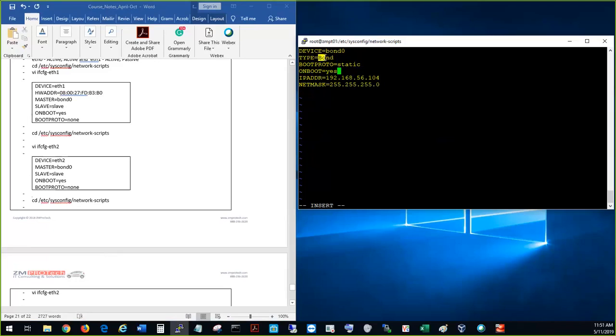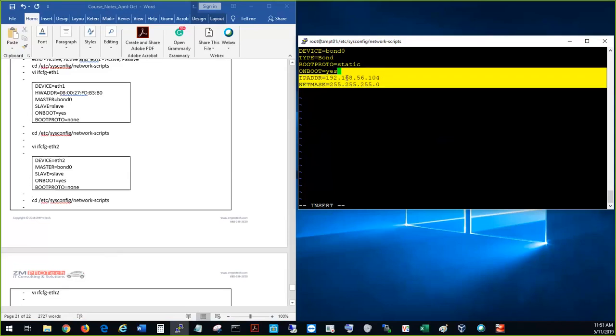And for Bond, you have to capitalize the B. If you put a lowercase b, it's not going to work. Right here, you have to type static in lowercase. If you type an uppercase S, it's not going to work. I don't know why that matters, but that's how it is. And this information, I said you'll get it from the network team.